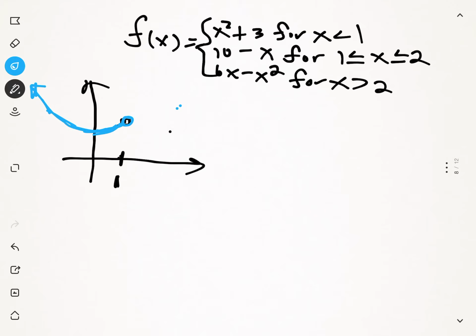For the next piece, it looks like we're going to have to expand some of this, but I want to plug in these endpoints. So 10 minus 1 gives me 9 at 1.